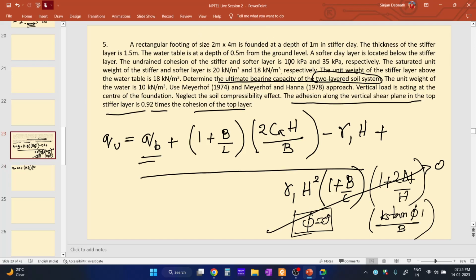CA is equal to alpha into C1, right? The adhesion along the vertical plane in the top layer is 0.92 times the cohesion of the top layer. So alpha is 0.92, and C1 is 100 kPa.